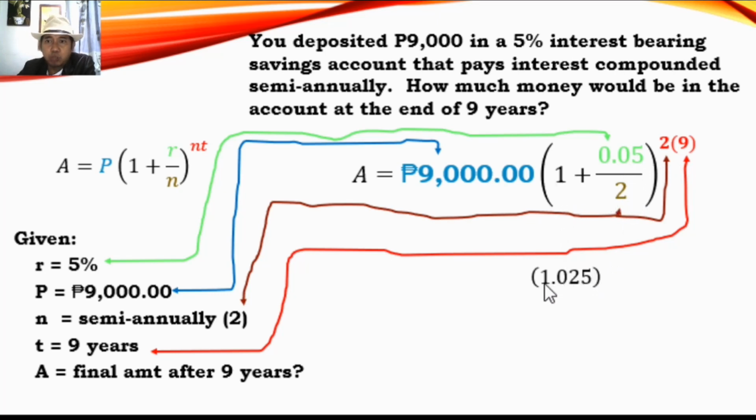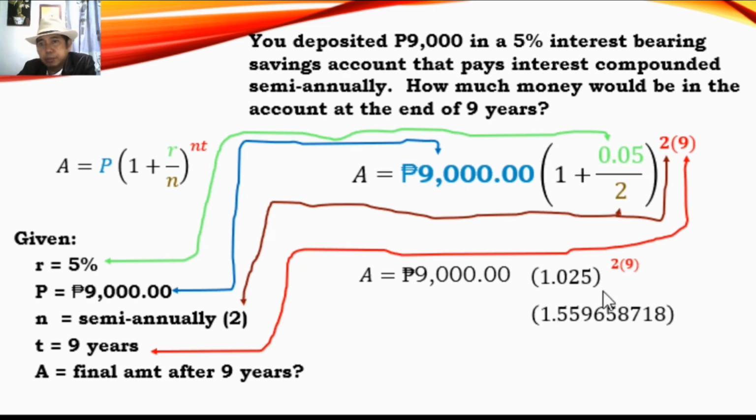Added with 1, that is 1.025, raised to the exponent, which is 2 multiplied by 9, and of course multiplied by 9,000 pesos. To continue, again according to the basics of arithmetic, we have to do first the exponent. So that is the same as saying 1.025 raised to 18, and it will give you this value.